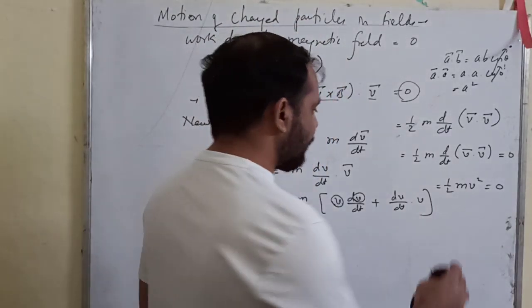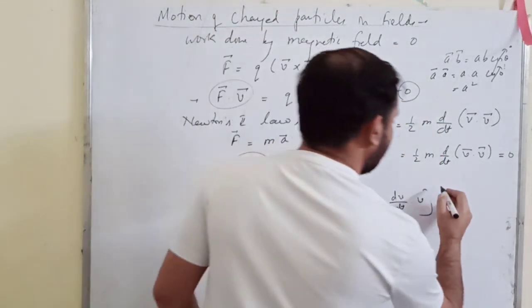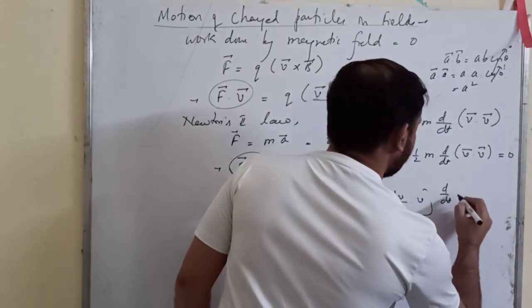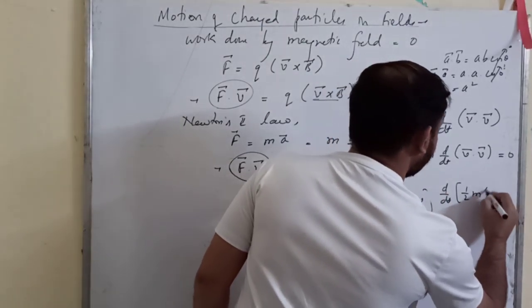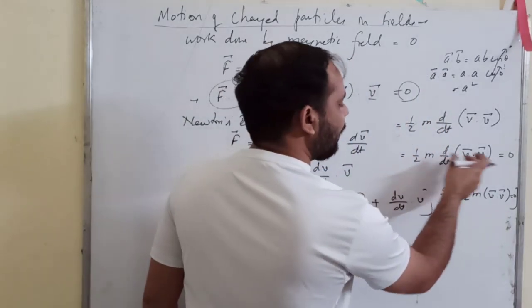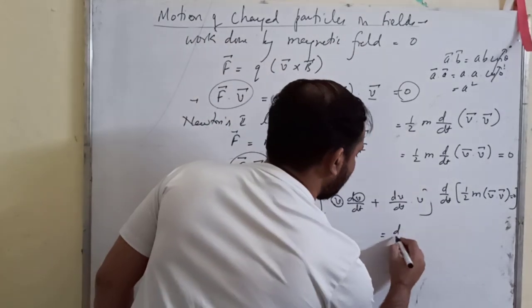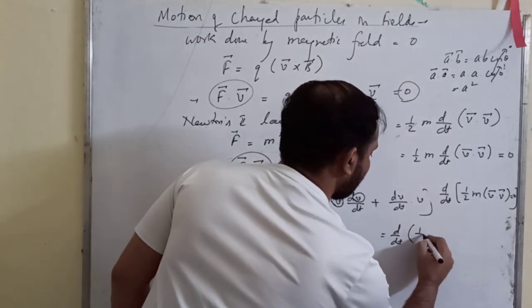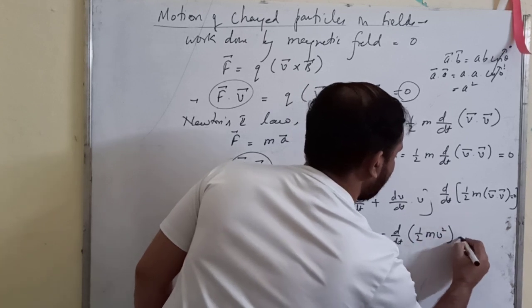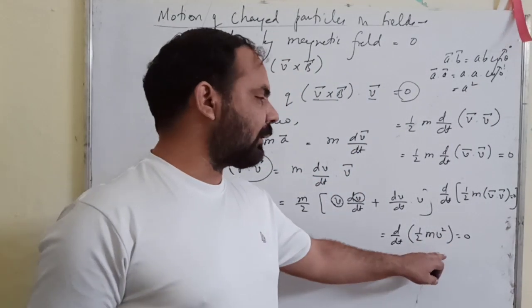Sorry, not half m v square alone, we forgot the derivative. You can write d by dt of half m v dot v equals 0. The constant you can take inside the derivative, or you can take outside also. Now you can write d by dt of half m v square equals 0. Yes, it should be like this. Now the derivative of a quantity is 0.